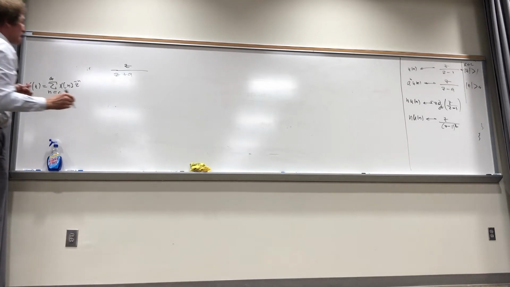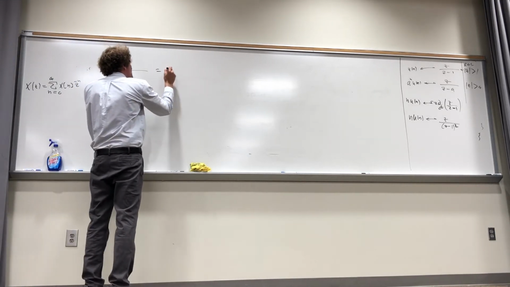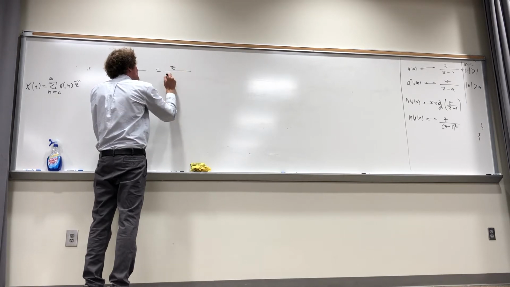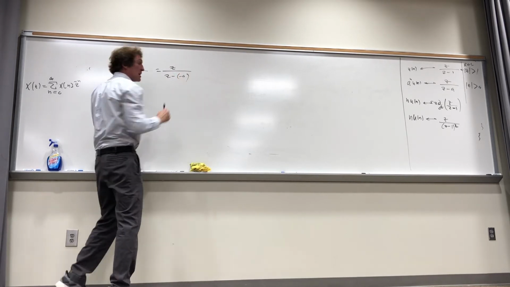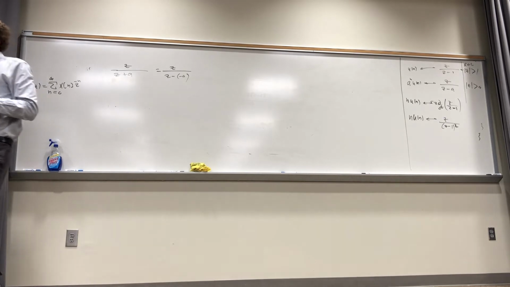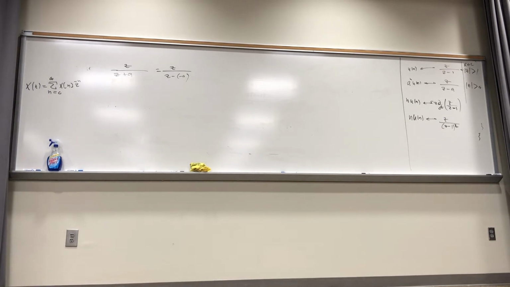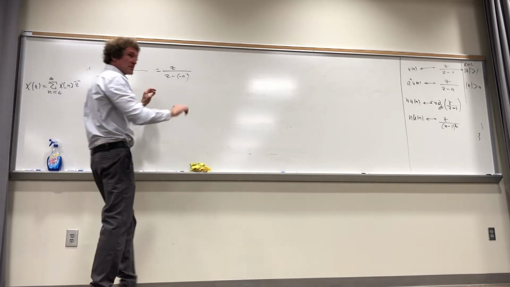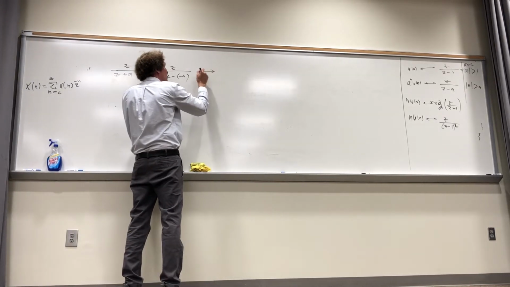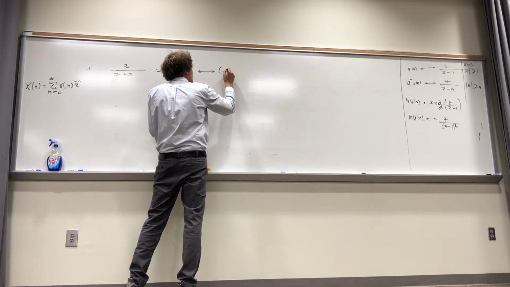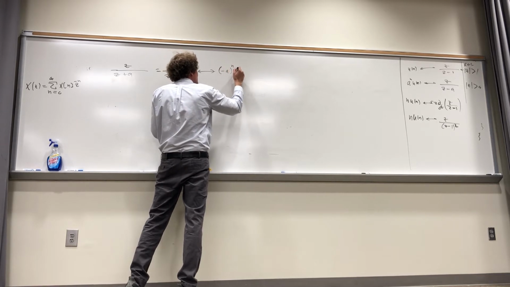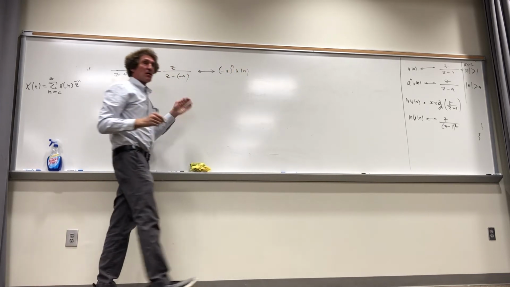So what I would do is say this one is actually equal to z over z minus, minus a. And then minus a is, quote, my old a. Does that make sense? Now the inverse transform of this, going the other way, would be minus a to the n u of n. Does everybody follow me on that?